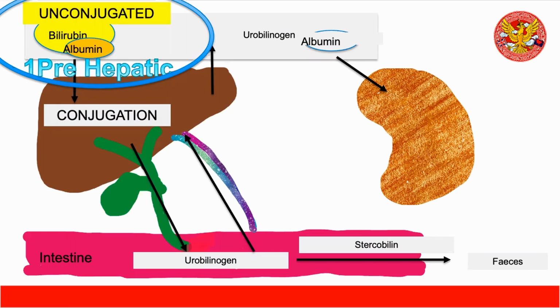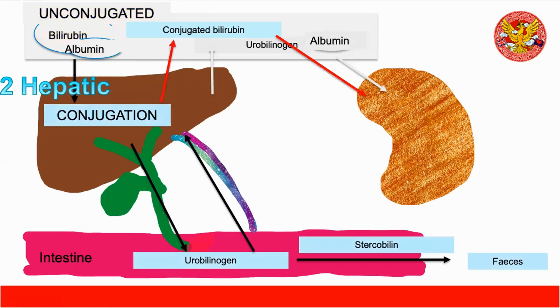The rest of the bilirubin pathway is working fine. So the unconjugated bilirubin is able to be conjugated. It's just that there's too much of it. So not all of it's being conjugated, and so this results in the jaundice color. However, you are still producing stercobilin and urobilinogen.